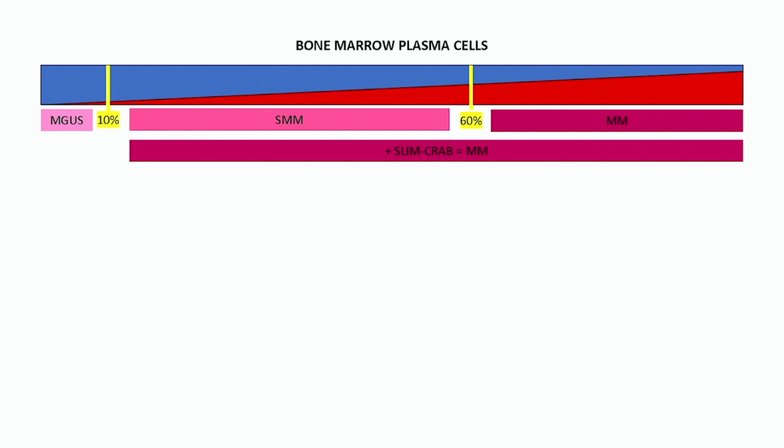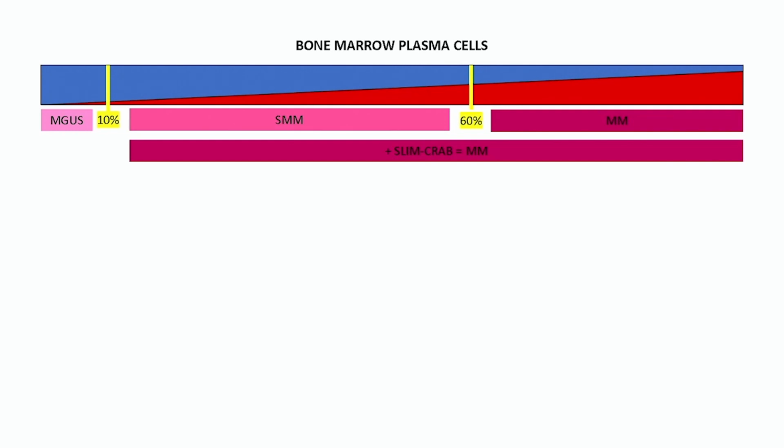So if we consider a patient with less than 3 gram M protein, who is asymptomatic and doesn't have any of the CRAB or the SLiM CRAB criteria, he or she would need a bone marrow examination to complete the workup. And if we find less than 10% clonal plasma cells within that bone marrow, this patient will be termed MGUS, or monoclonal gammopathy of undetermined significance.